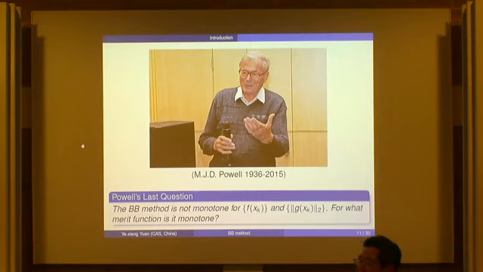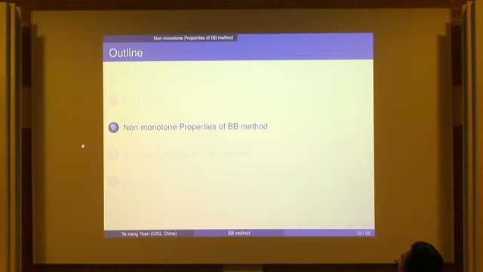After the talk, he just raised his hand and asked it. This picture was taken, I think, only a few months before his death, when he gave a talk in Beijing. This talk today is trying to answer his question. Of course, we have not yet got a complete solution, but a partial solution to his question. That is the content of the talk.